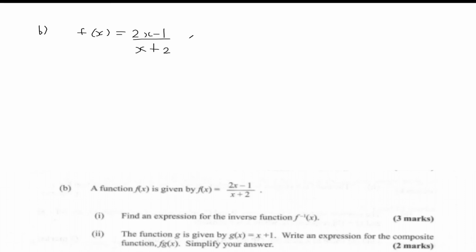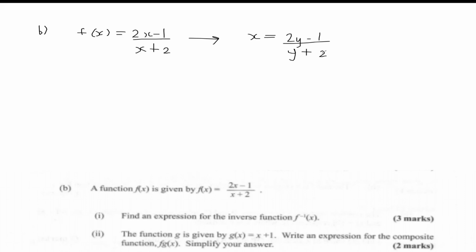All right, so to find the inverse, first thing we're going to do is call f of x y. And so that implies we interchange x and y to say x is equal to 2y minus 1 over y plus 2. That is generally what we do. And then we're supposed to make y the subject.